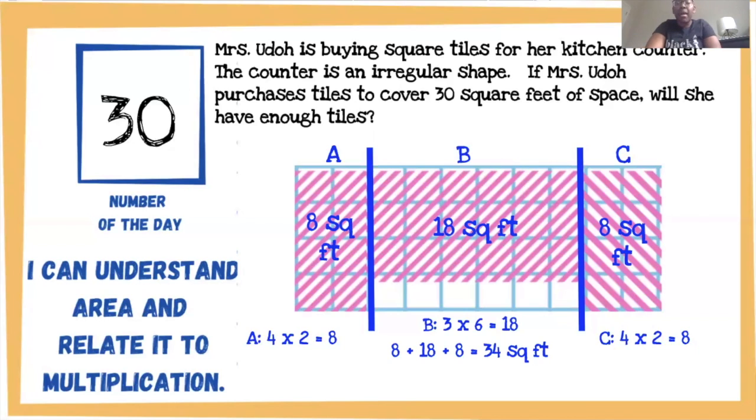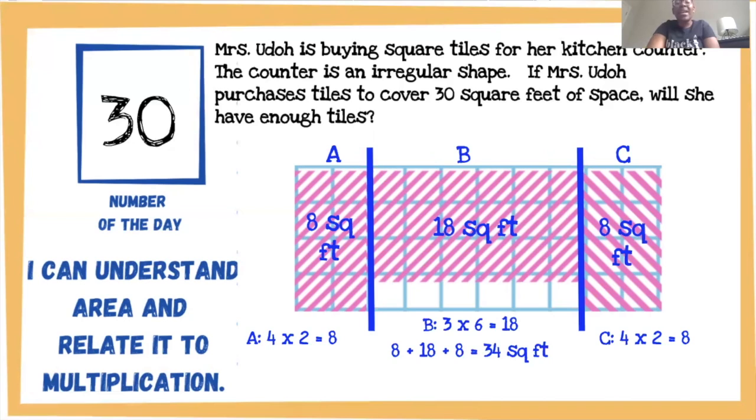Let's go back to the problem. The problem says that Mrs. Udoh is buying square tiles for her kitchen counter, that the counter is an irregular shape, which we've tackled, but it also asks if Mrs. Udoh purchased tiles to cover 30 square feet of space, will she have enough? Well, how many square feet do we need to cover?